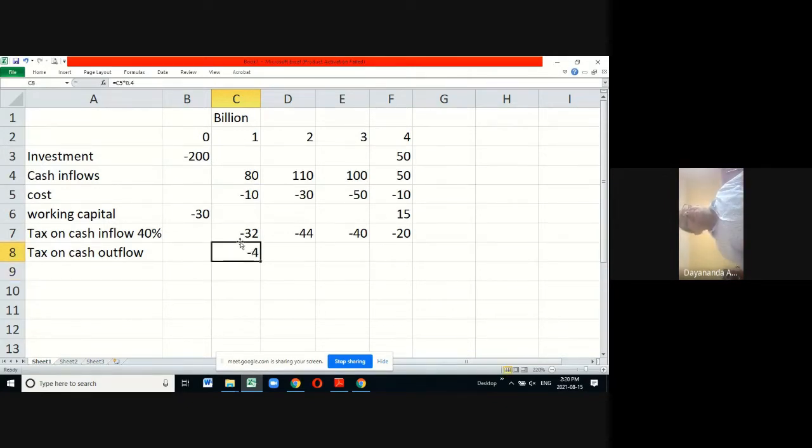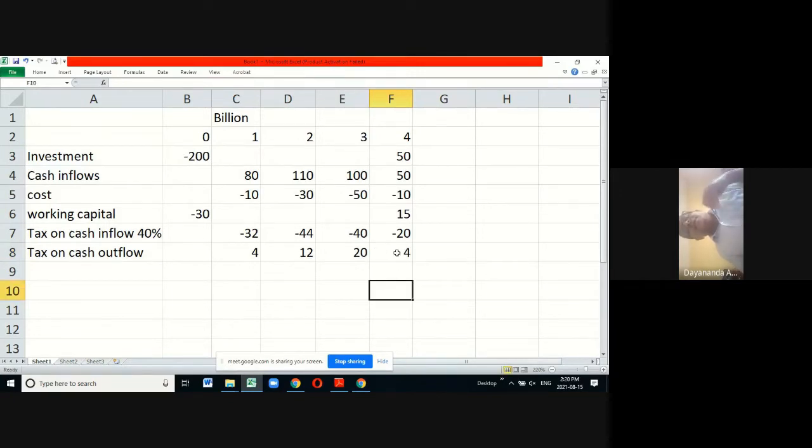So thereby here, of course, it has to be a positive figure, because for the cost of 10 it is positive 4, here positive 12, here positive 20, here again positive 4.